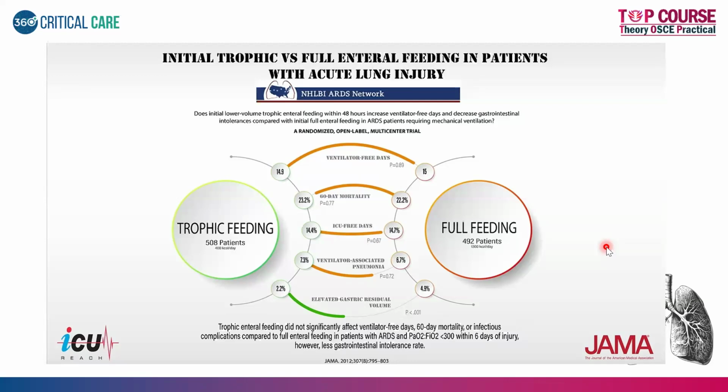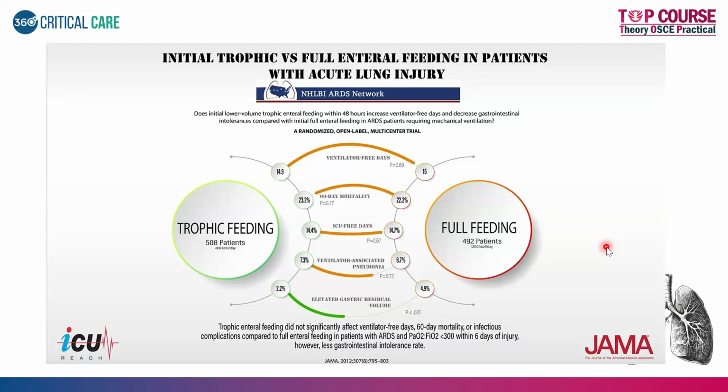So they looked at trophic feeding, which was initiated within 48 hours of diagnosis of acute lung injury or ARDS in patients who required mechanical ventilation. They looked into various parameters like ventilator free days, 60-day mortality, ICU free days, and association of ventilator associated pneumonias, and also looked at elevated gastric residual volume.